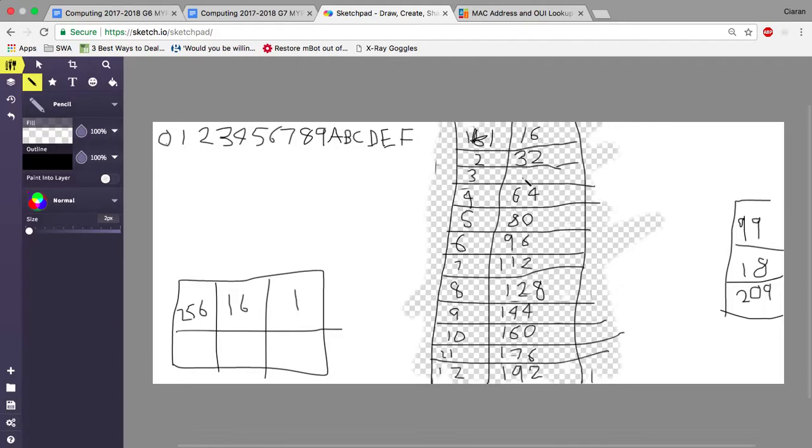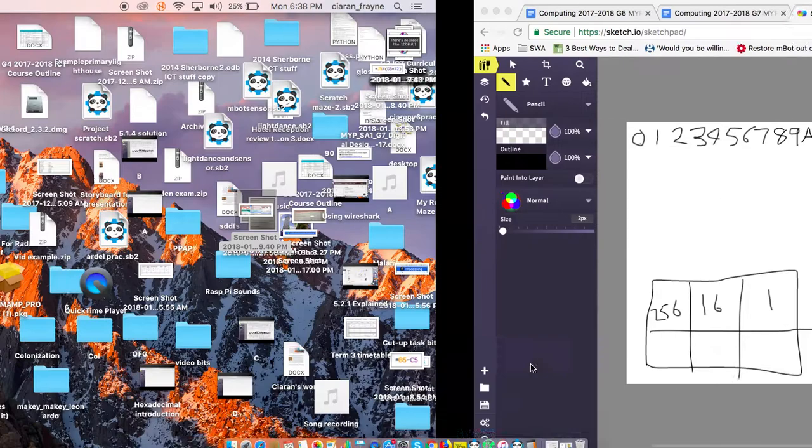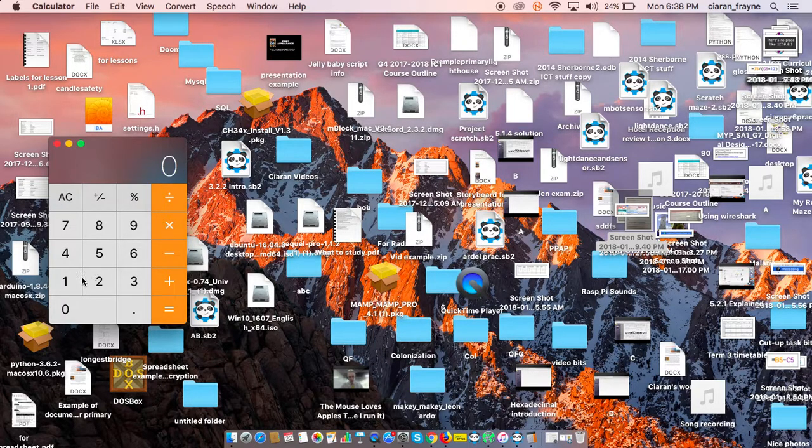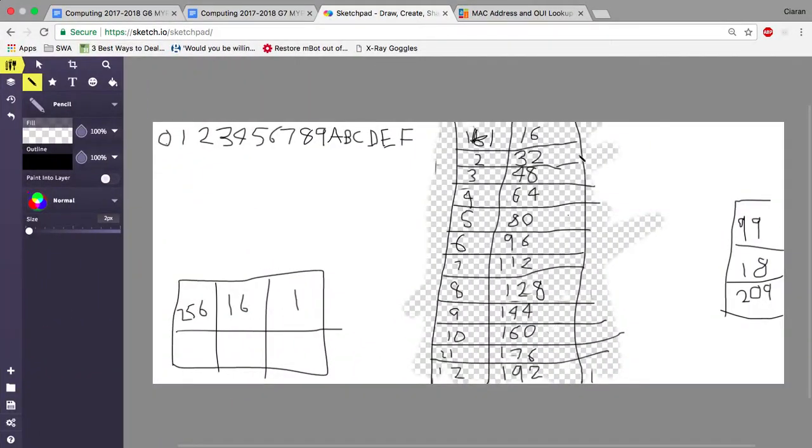And 32 plus 16 gives us 48. I think more or less that's right. I'm just not sure about the last couple, so I'll just double check. Okay, it looks like our table is all more or less correct.